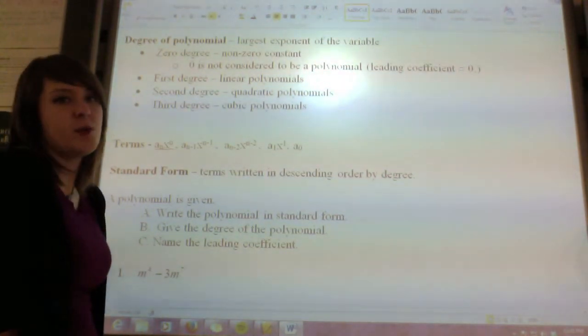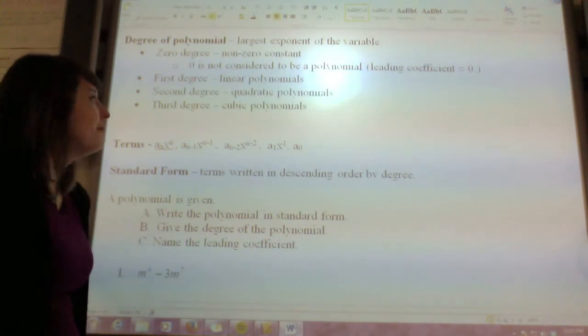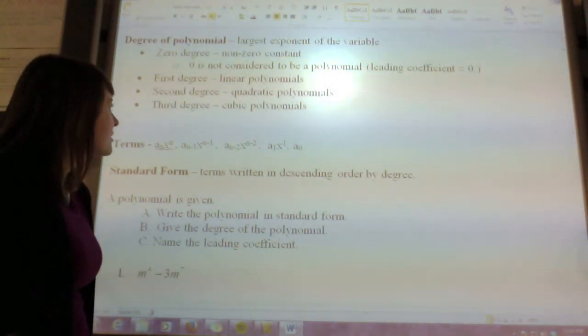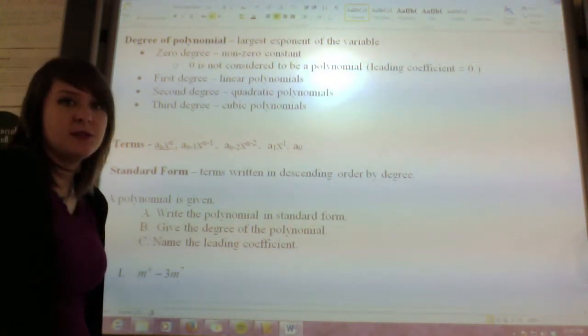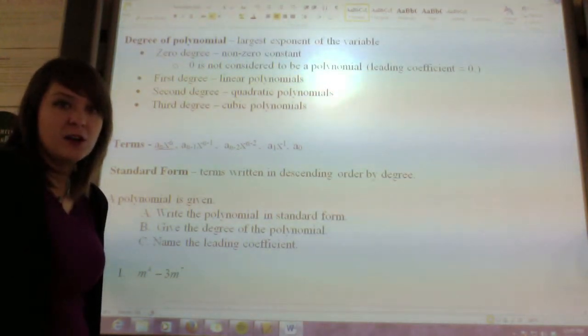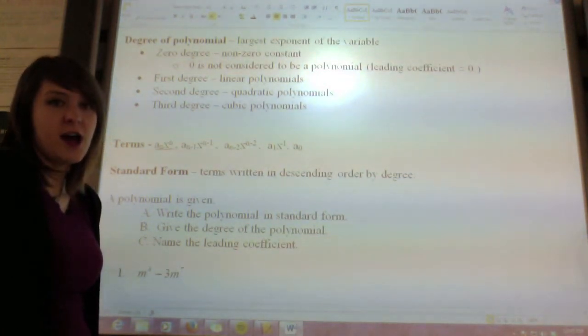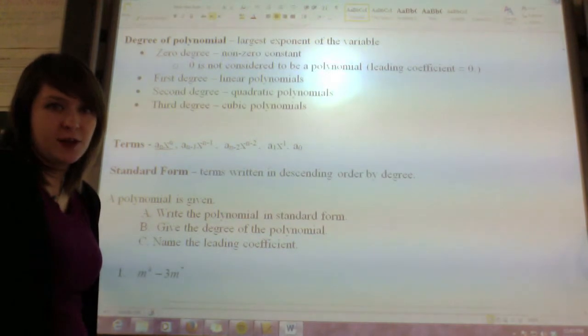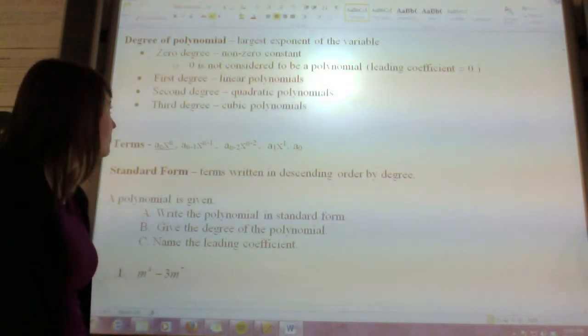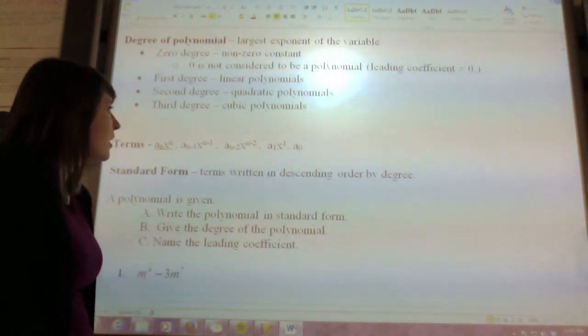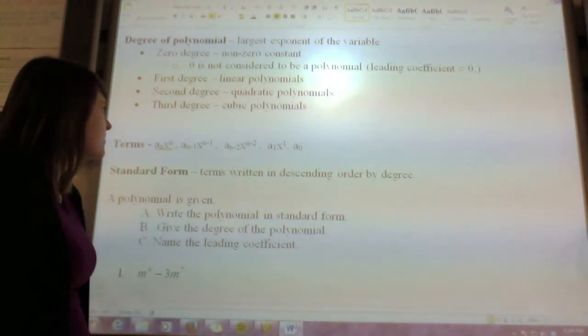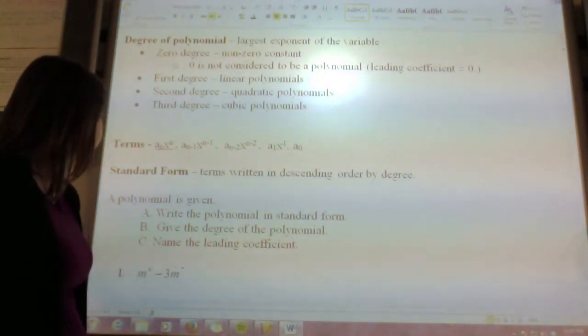If that's your entire polynomial, then you have a degree of 0. A first degree is a linear polynomial, so that'd be something like 3x plus 5, where your highest power is an x value, not taken to any power. Second degree are quadratic polynomials, and third degree are cubic polynomials.